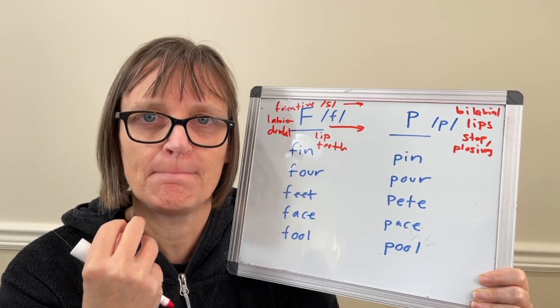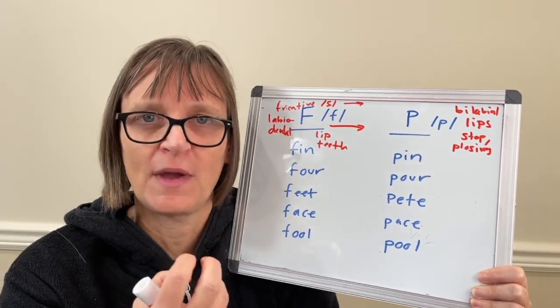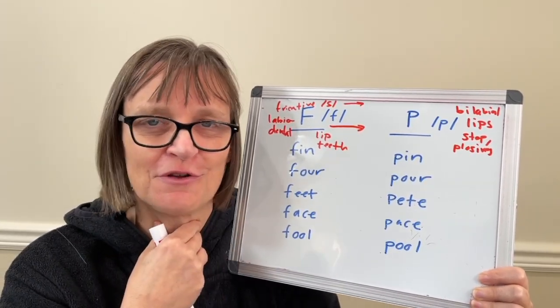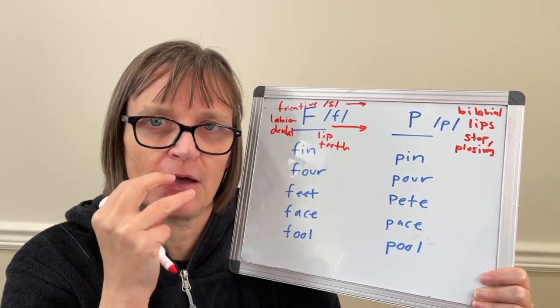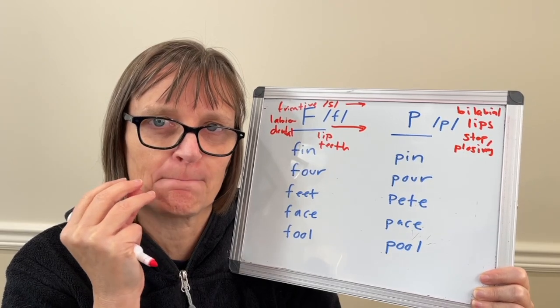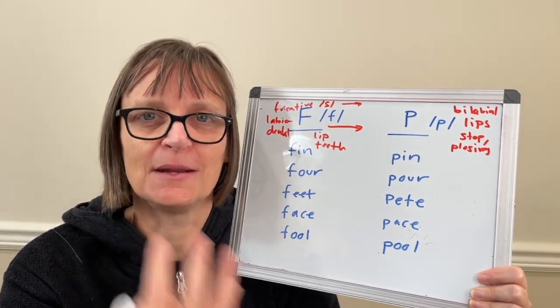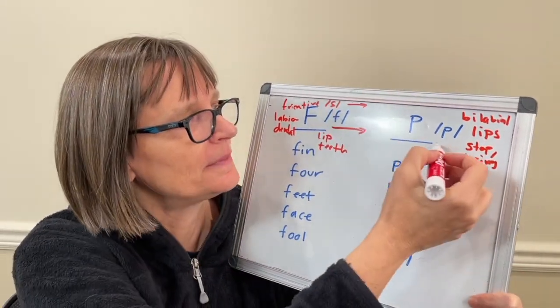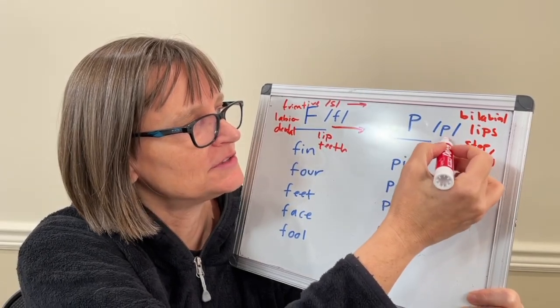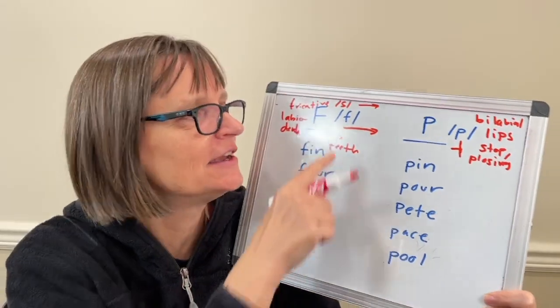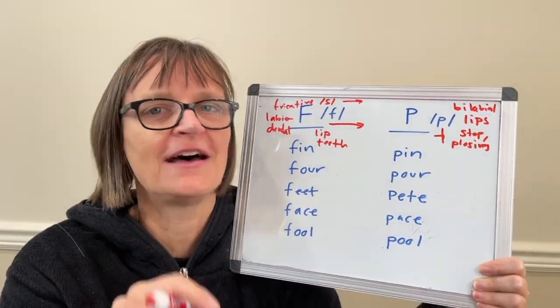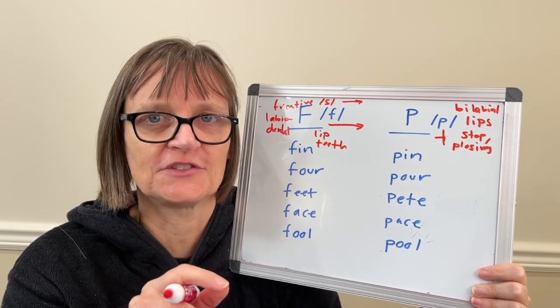When I say P, there's also no voice here, it's just air, generated by having air pressure build up behind the lips, and then get released in a burst. I like to use a symbol of a stop sound that just air stops and then releases, versus the F sound I can hold and continue as long as I need to.